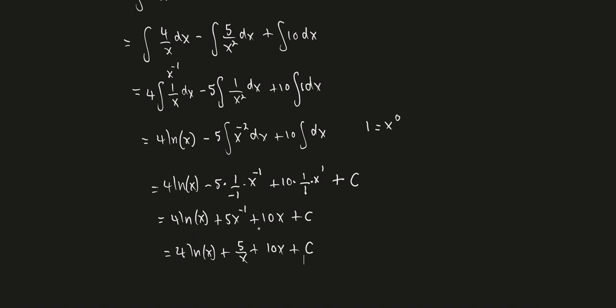All right. So those are just a couple examples that show you how useful these properties are, and what they allow you to do is essentially break something that seems a little bit more complicated down into simpler, more basic antiderivatives, so that we're able to reverse what we know about differentiation.